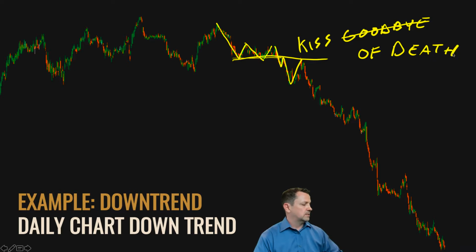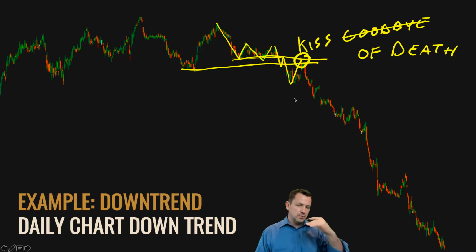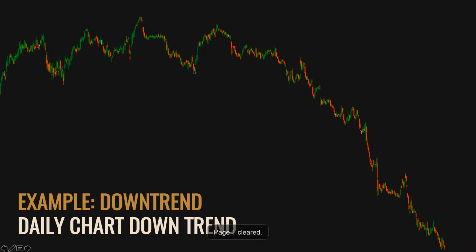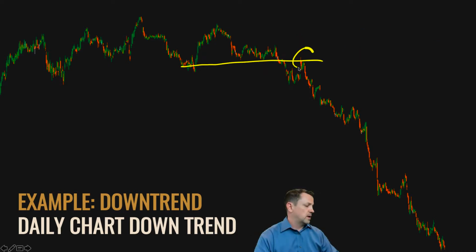When it first makes that really obvious lower high, lower low, and you see it hit that first major support-resistance bounce where it comes into that zone and starts to drop, that's the kiss of death or the kiss goodbye. And it's a really powerful signal that this downtrend is starting here. So right here, boom, kiss of death, break support.